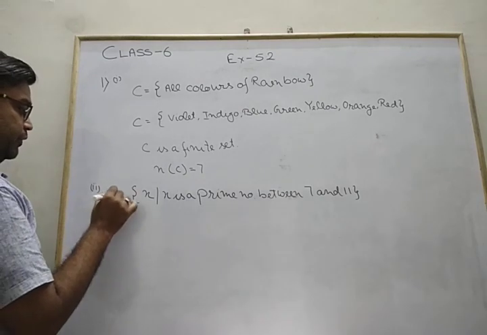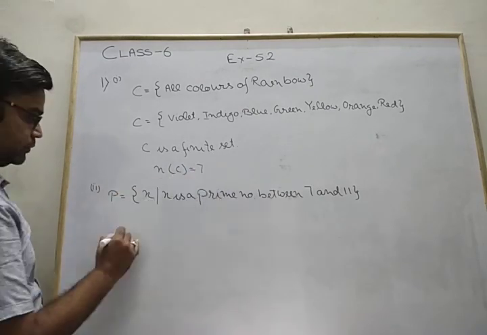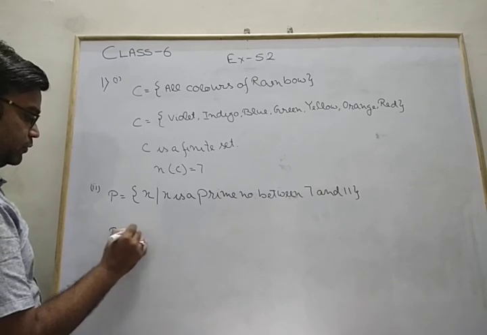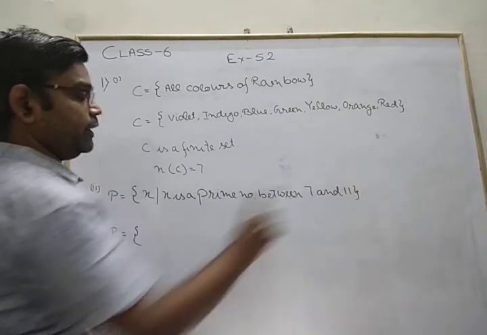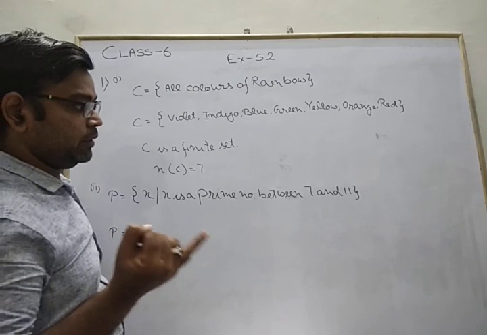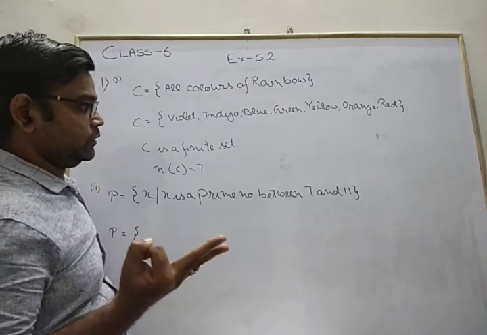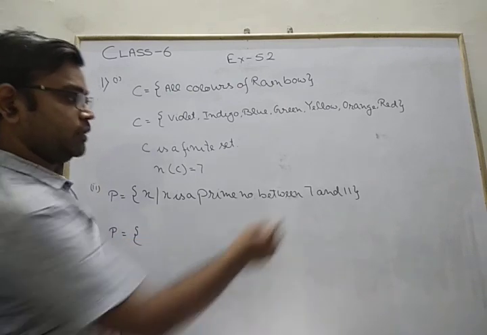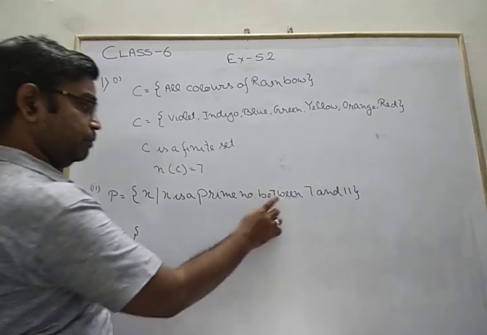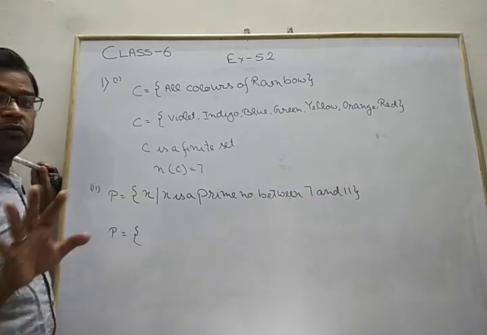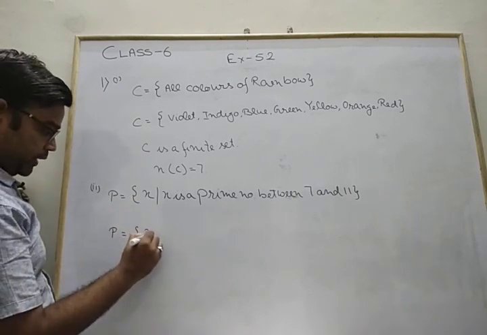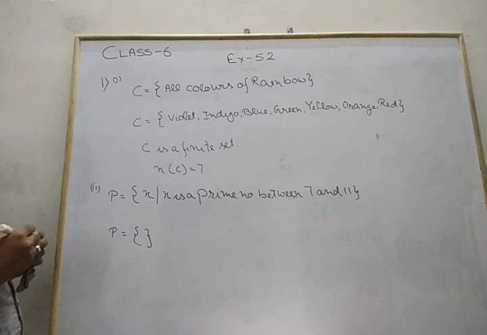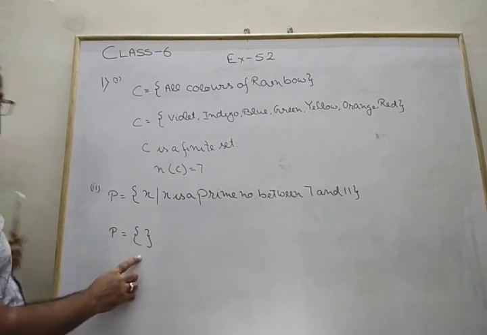This time I am giving the name P, P for prime number. So P equals, we must write down the members. Let's search. Between 7 and 11, is there a prime number? 8 is not a prime number, 9 not, 10 not. 11 is itself a prime number, 7 itself a prime number. So between 7 and 11 there are no members of this set P. So we close the bracket without writing any number, not even 0 here.